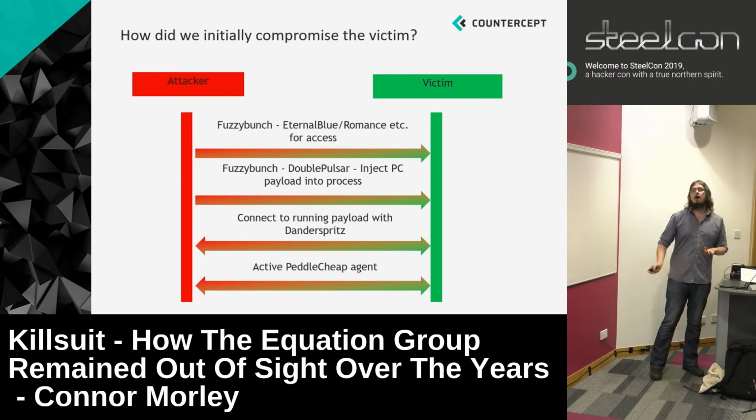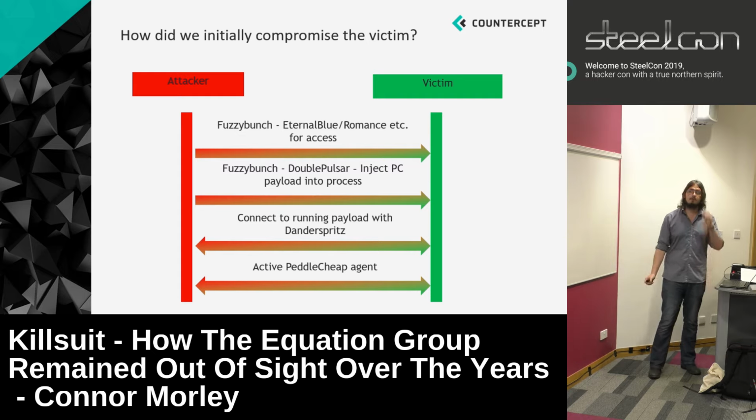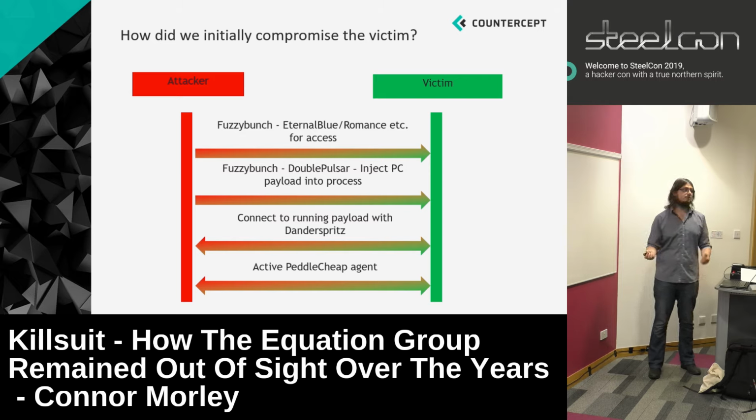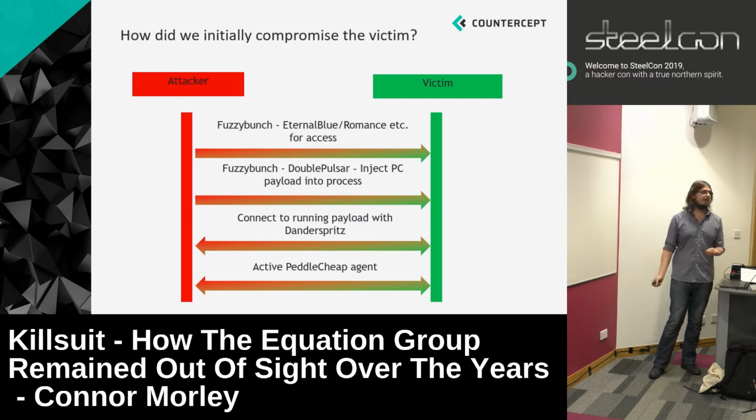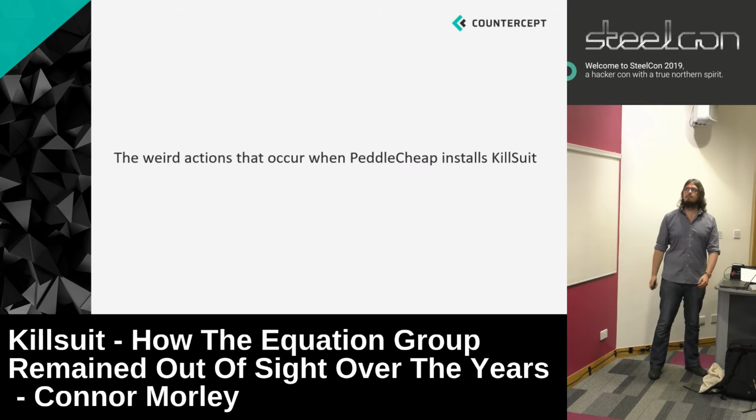Once it's running, it then calls back, or it can be listening. We got it to be active after about 93 seconds, which allows the operator to connect to the PeddleCheap instance on the host, and that then gives an active agent, which gives a bidirectional C2 connection and command and control. So now we know how we got it all set up.